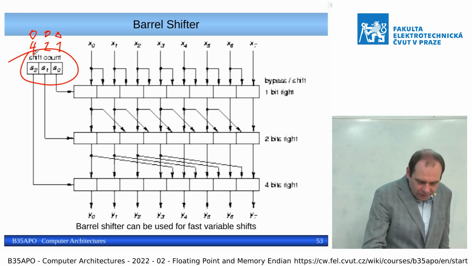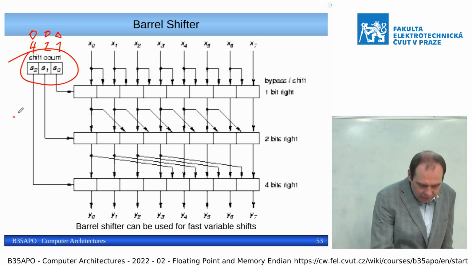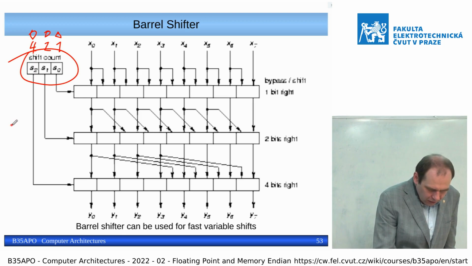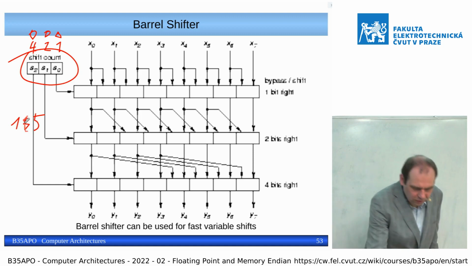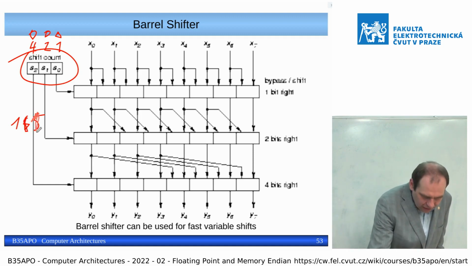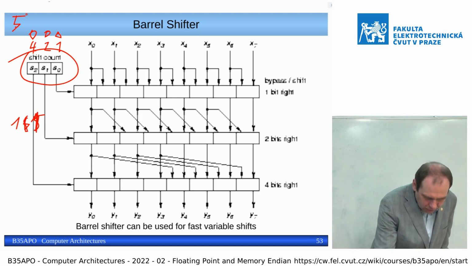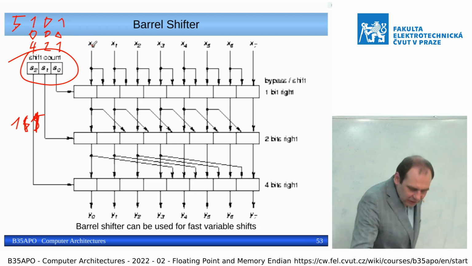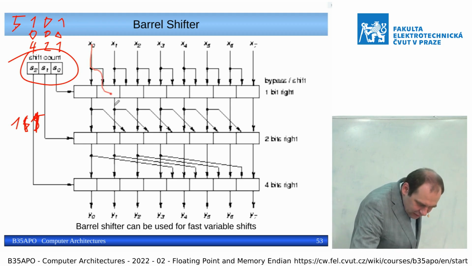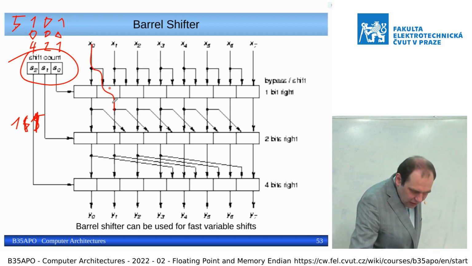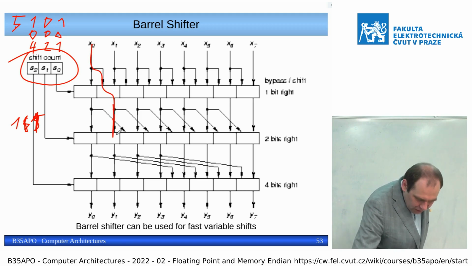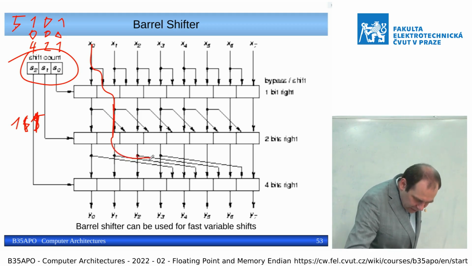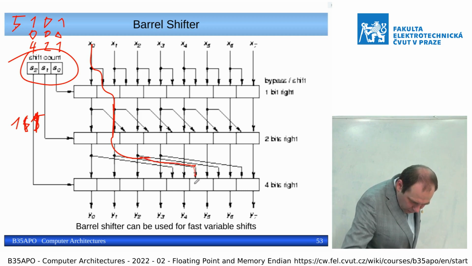So basically, if we, for example, want to shift right by 5, which is 1, 0, 1, this means we switch this switch so that we go this direction: we shift by 1, we do not shift by 2, and we shift by 4.